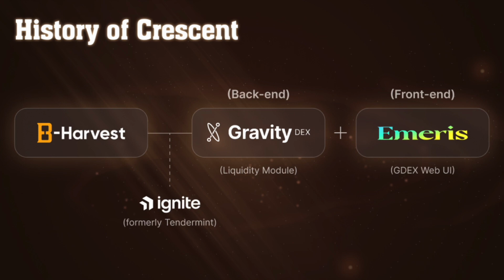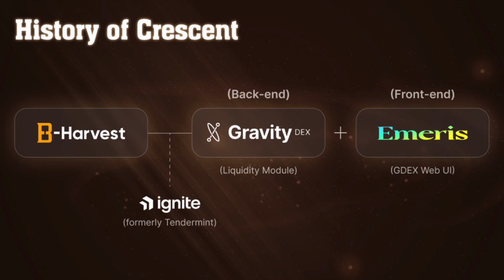If we explain the front end a little bit, Ignite team took responsibility for creating the interface that users see when they open the site. Front end, right? And on the other side, the bHarvest team wrote GravityDEX, the project's liquidity module, which is the technical infrastructure of the project. In fact, Crescent's former name was GravityDEX.